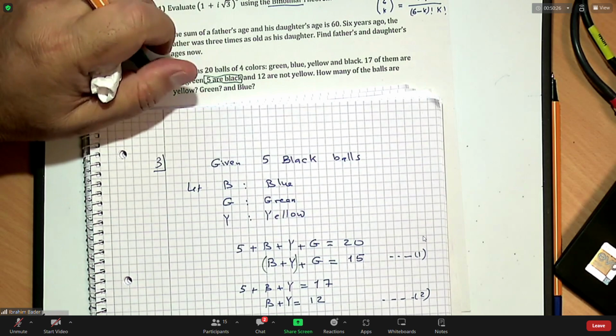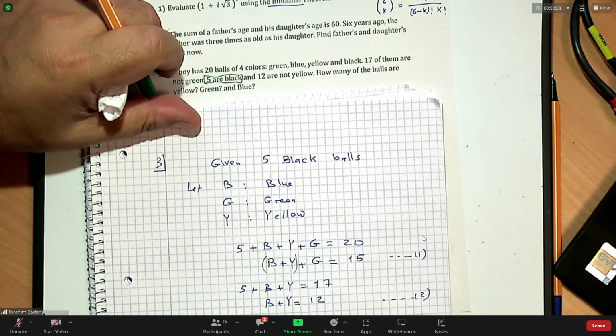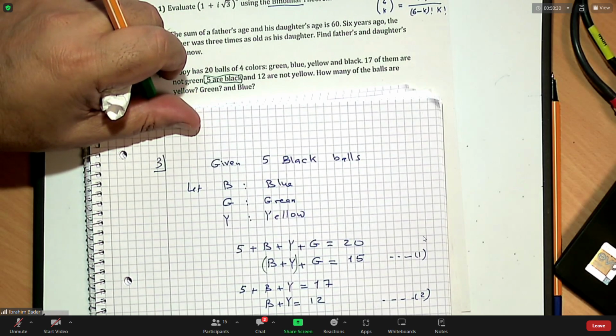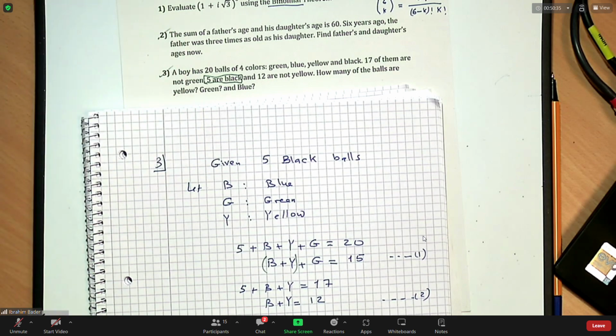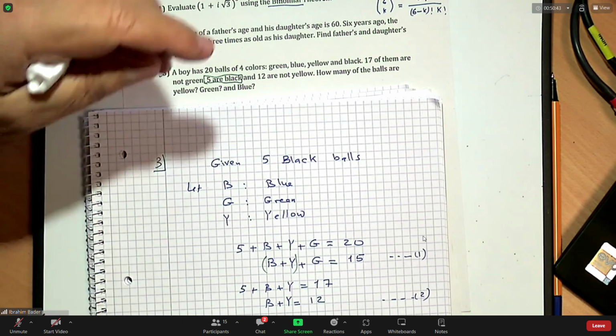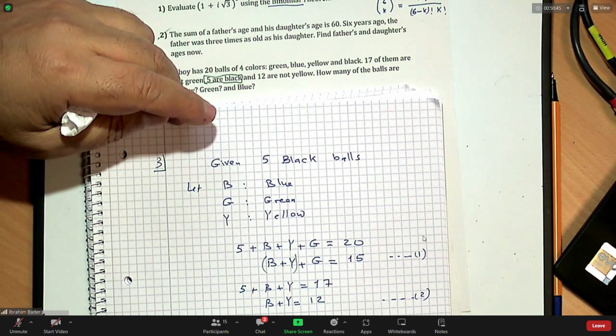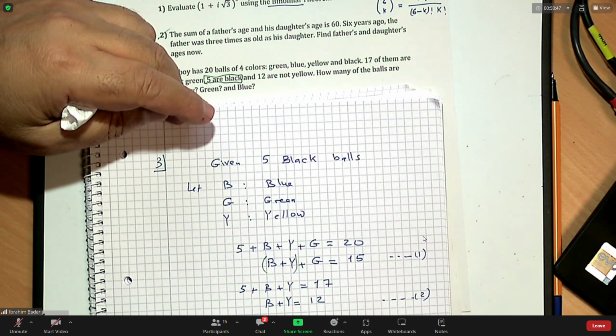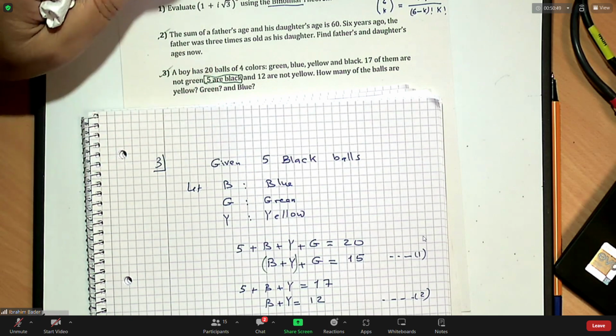No, not yellow, plus 5. So not yellow means black, blue, green, and this is equal to 12.